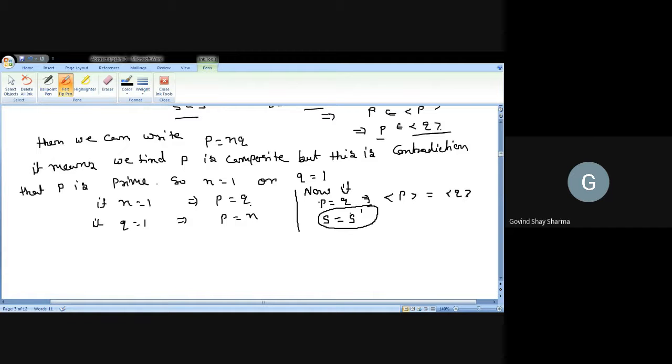The Q generation set is S dash. Now when N is equal to 1, then we get P is equal to Q. That means that S is equal to S dash. Now we have to find out the second case, when Q is equal to 1.